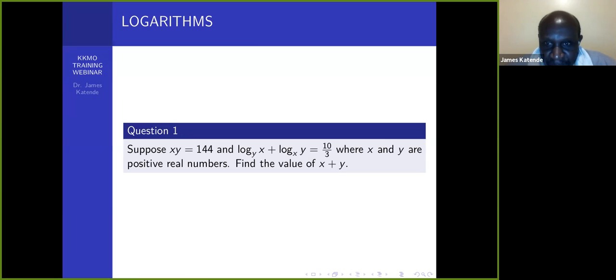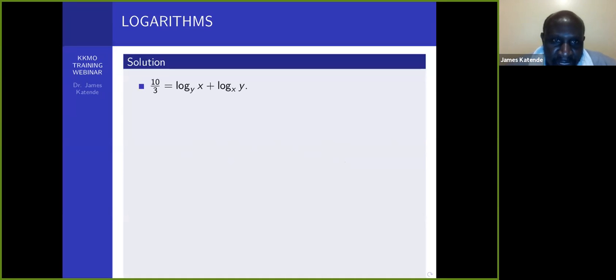So it may be a good idea to note down what is in the problem, but I think I've captured most of it. We are given in the problem that 10 over 3 is equal to log of x to the base y plus log of y to the base x.